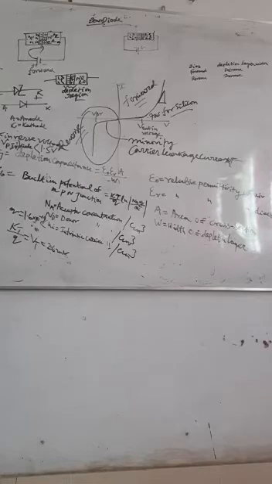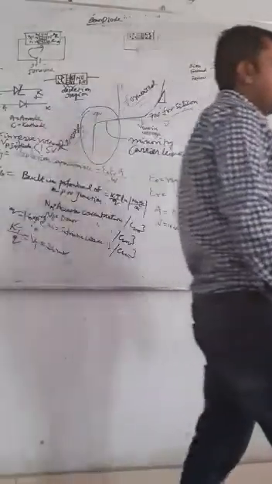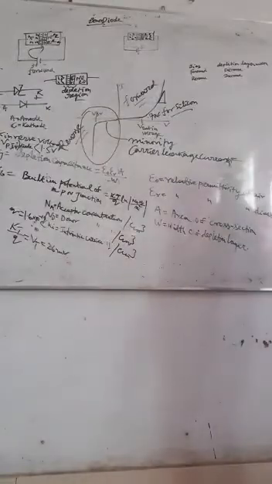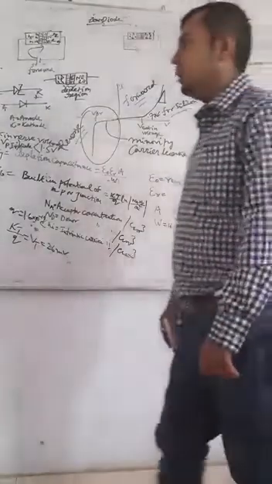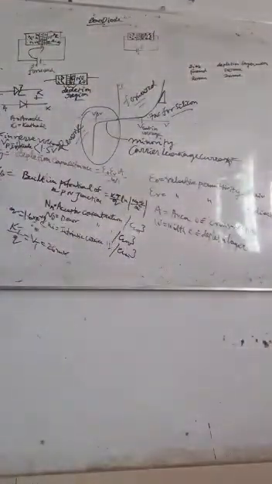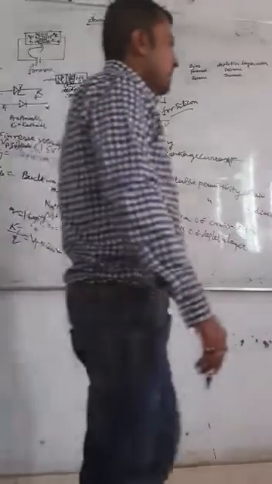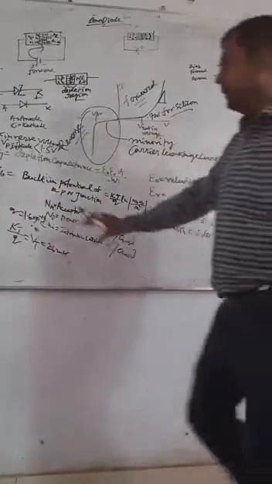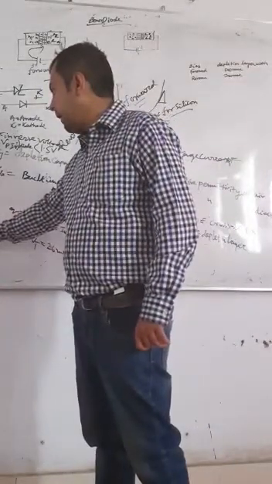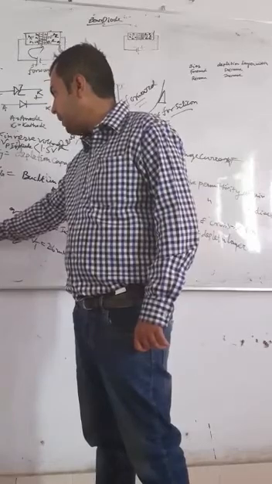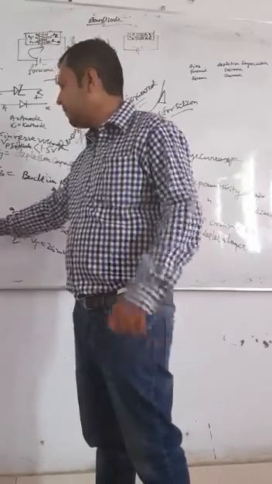This is I high or IH. 1.8 to 2000 volt is the peak inverse voltage of the Zener diode. So a Zener diode can maximally operate in between this current level after the reverse bias breakdown.